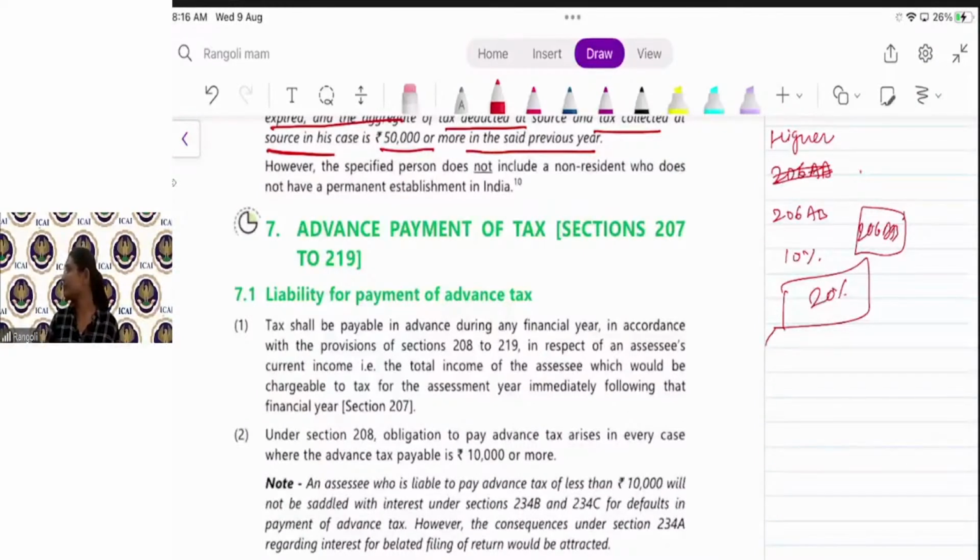Yes or no? Sorry. Generally, what happened after completion of previous year, you calculate your tax liability in assessment year and pay the balance tax.